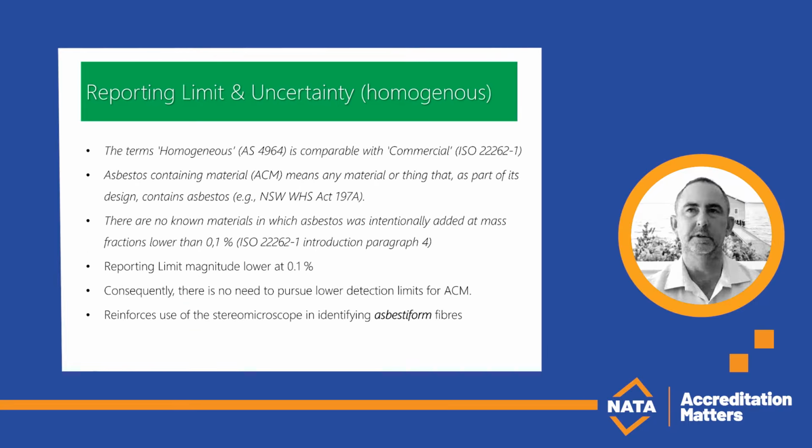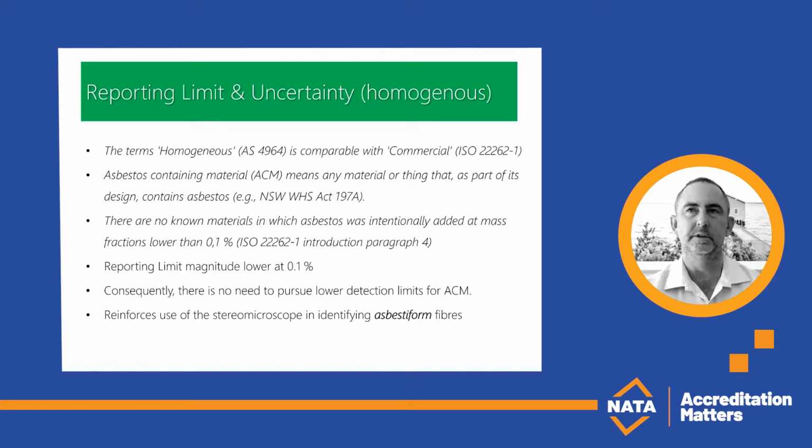So putting this more into context, with more advanced techniques that are being used, the significance of the stereo microscope should not be overlooked. In commercial materials, if the asbestos cannot be identified, then the stereo microscope is used initially, and then after any sample treatments to elicit fibres out of the matrix.